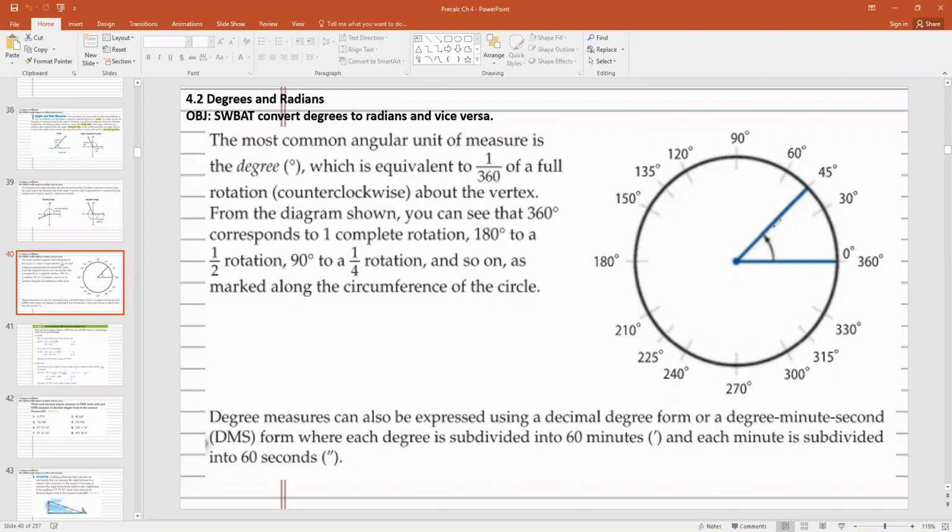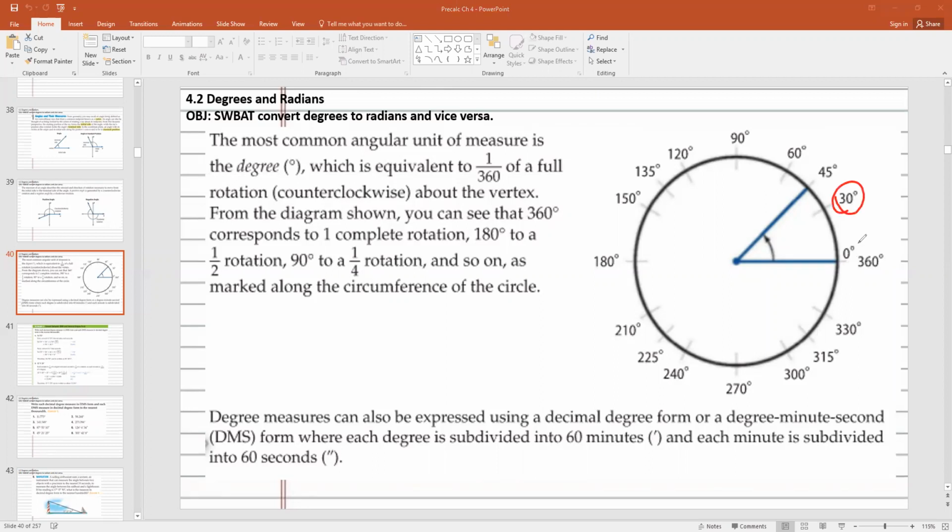So 180 degrees is going to be 1/2 of the rotation, and 1/4 of the rotation is going to be 90 degrees. All right. So yeah, and we'll talk more about the circle later, but these are common angles to know.